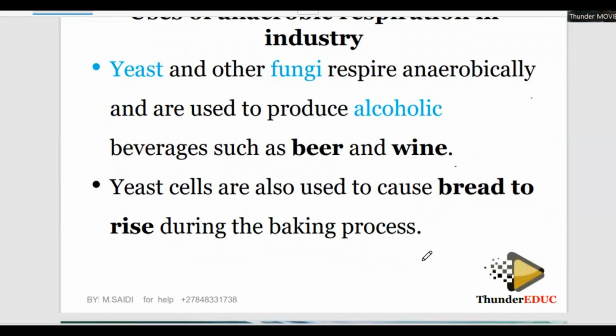Yeast cells are also used during the bread rise. Some of there is this bread called fagamoya. When you eat it, after 30 minutes you are hungry, but you ate the full bread. That bread you buy from ShopRite and Pick and Pay, you put it in the machine, it starts to kick, and then it forms the slices.